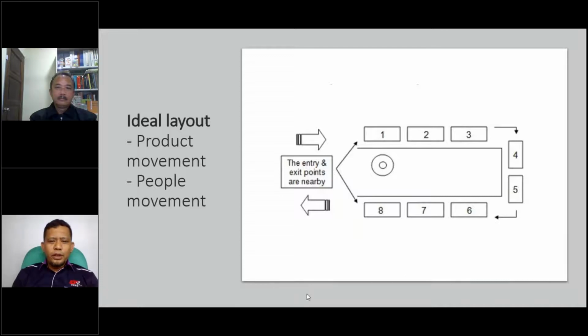Why? Because when you have a single entry like this, you only have one guard house. If you have 3 or 4 entry points, it means that you need more guard houses. So let's say you only have one. This guard house can be like administration, for weighing the material coming in and weighing the finished goods going out. Also look at the people movement.